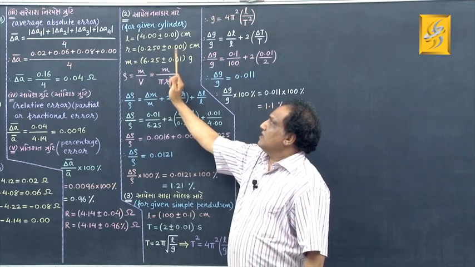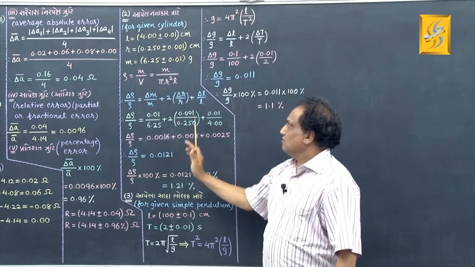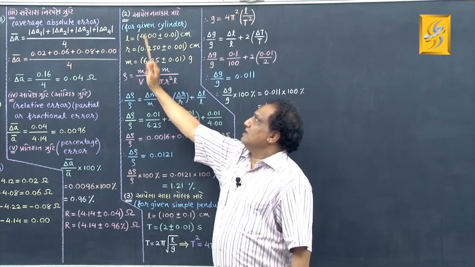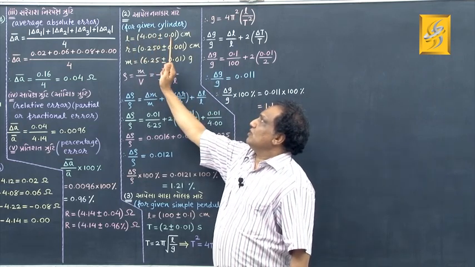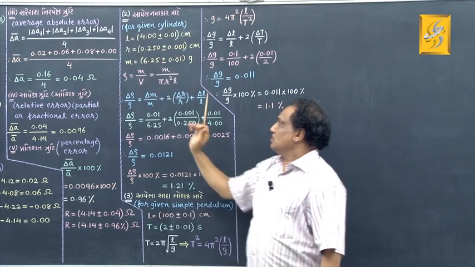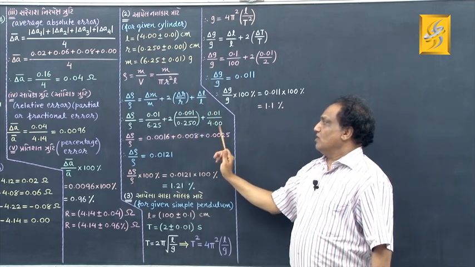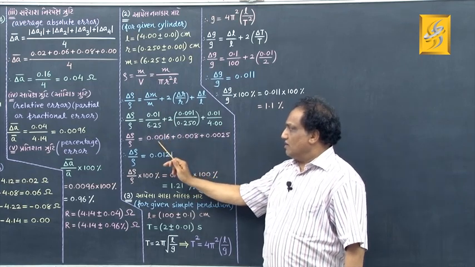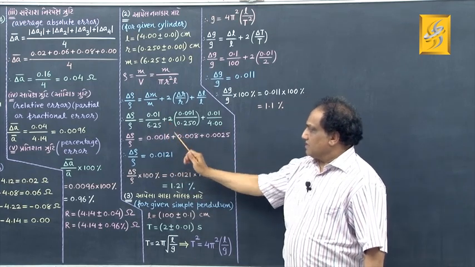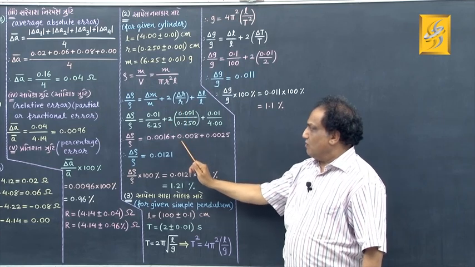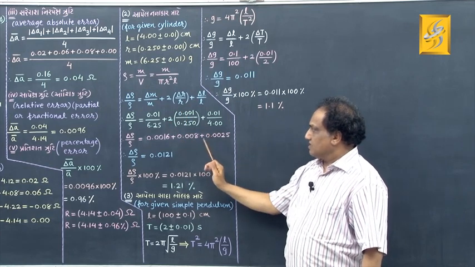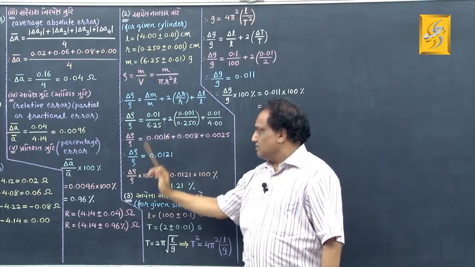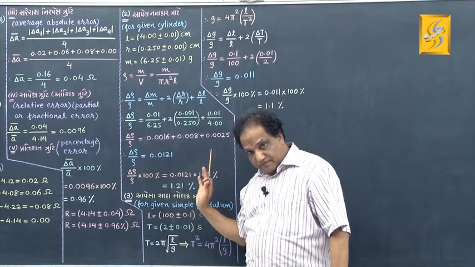So 0.001 divided by 0.250, plus delta L upon L. In the measurement of length, this is delta L, this is L. So it is 0.01 upon 4.00, correct? Now, this comes out to be 0.0016, plus 0.008, plus 0.0025, and this addition comes out to be 0.0121.